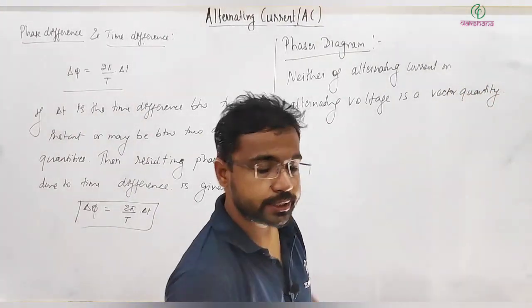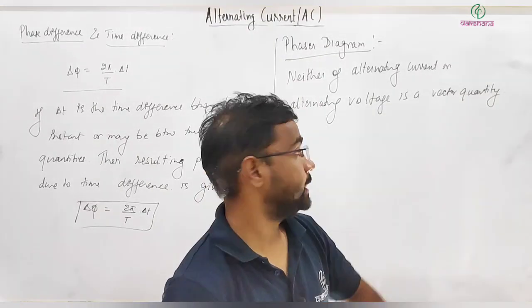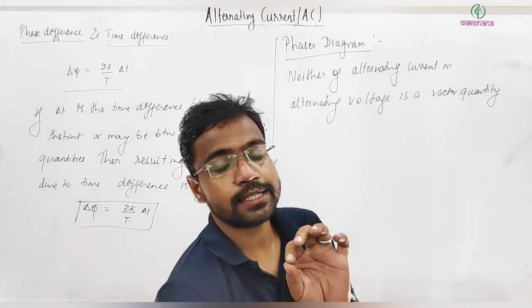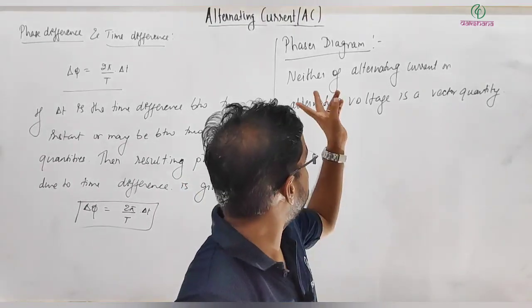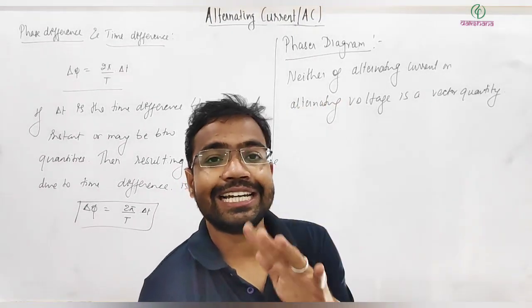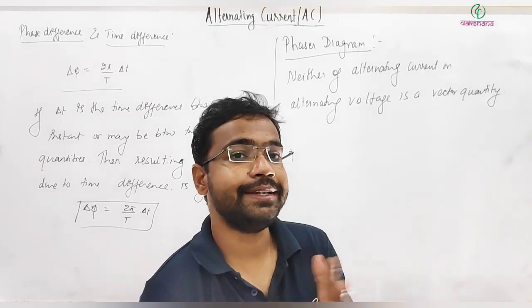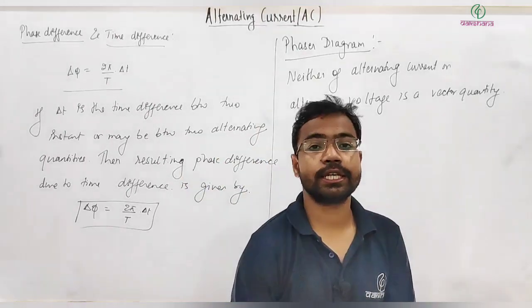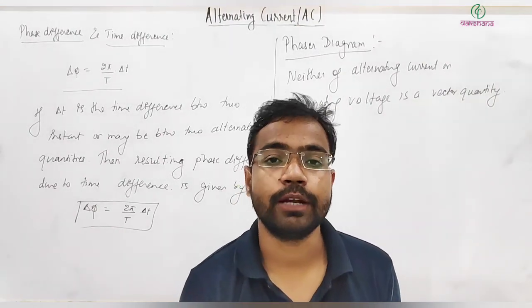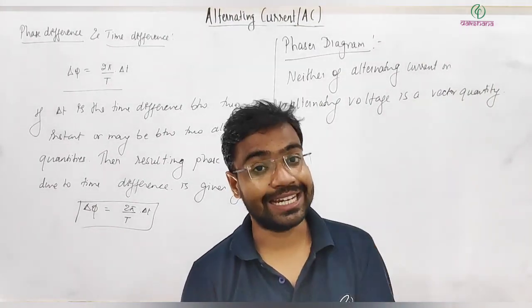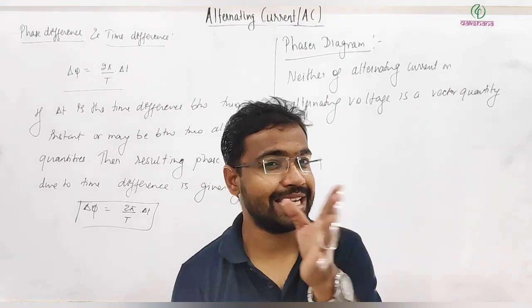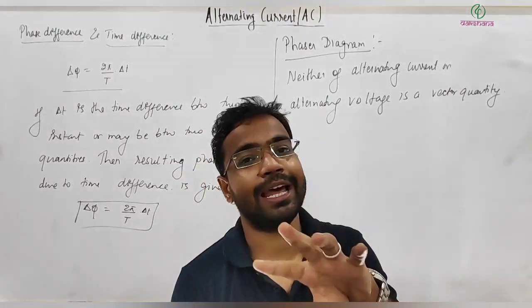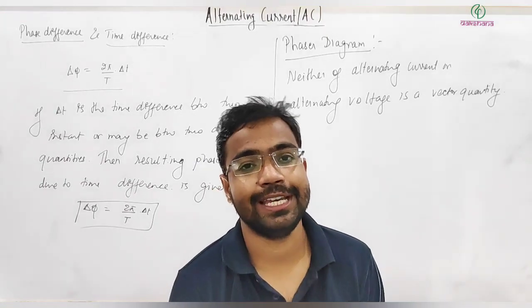Both are definitely not vector quantity, but still the simple reason for this Phasor diagram is that alternating quantities are different from DC. So the way we used to calculate net current, net potential difference, net power developed, exactly the way we used to do in case of DC, we can't apply that here in case of AC.